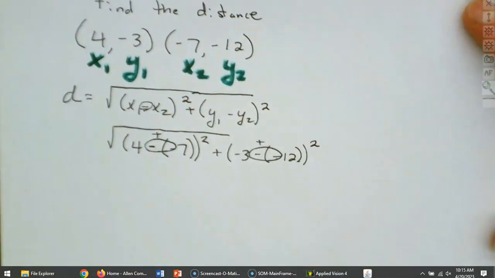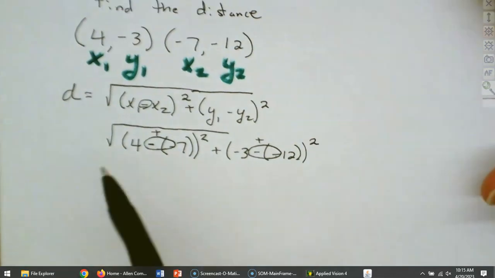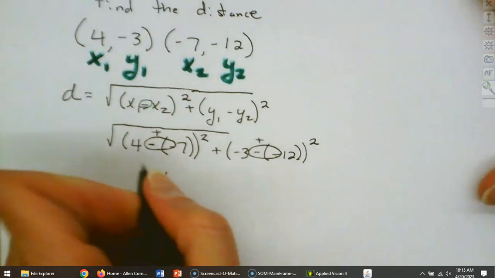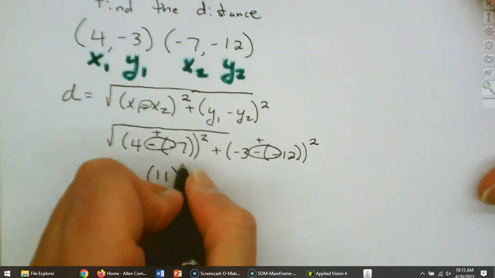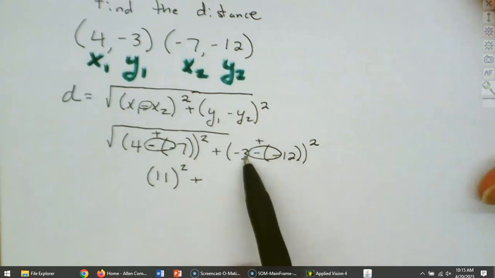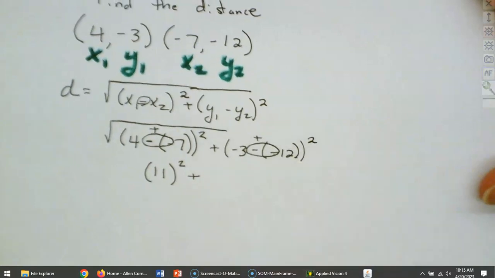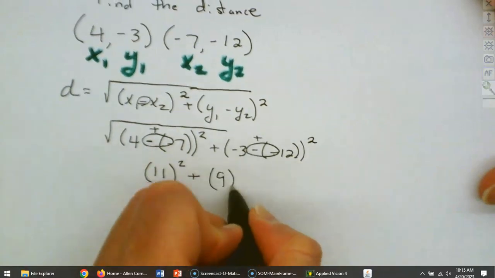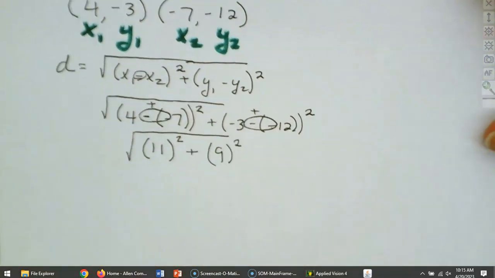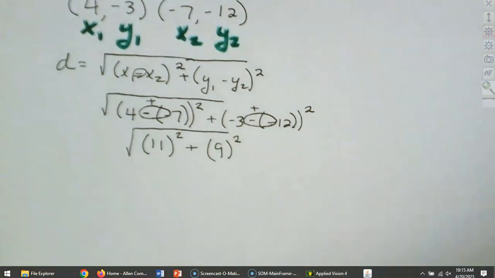So let's see what we've got. Well, that's a positive 4 plus 7. That gives you an 11. So we've got an 11 squared. And then we've got a minus 3. Minus 3 plus 12 makes it a 9 squared. 11 squared is 121, I believe.